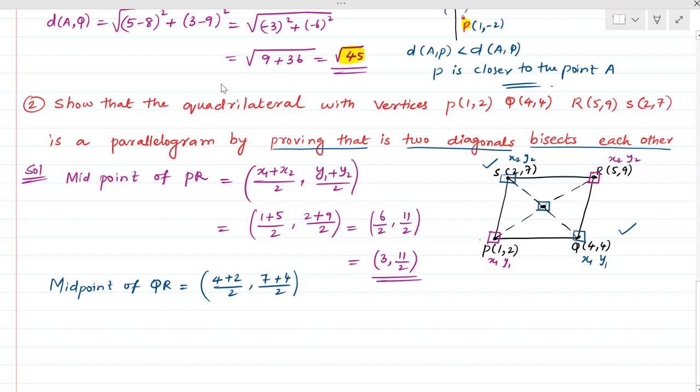So the answer is 6 over 2, comma, 11 over 2, which is equal to 3, comma, 11 over 2. You get the same midpoint. So if the midpoints of the two diagonals are the same, therefore the vertices represent a parallelogram.